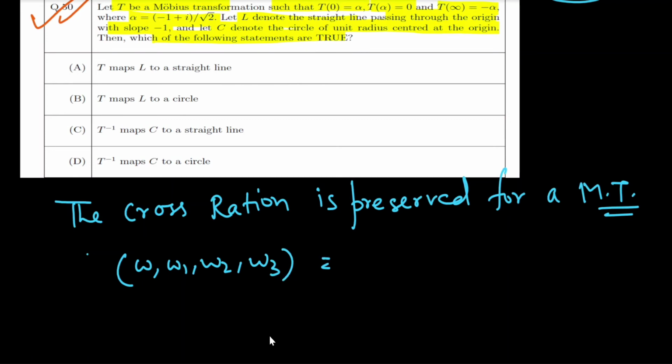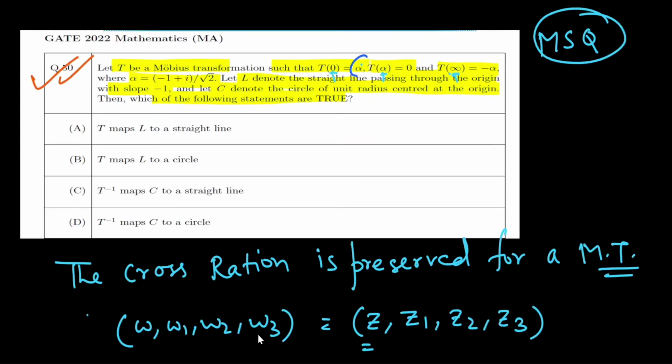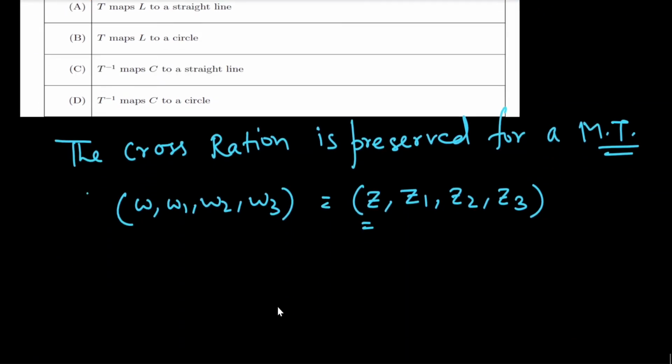The cross ratio of W is equal to the cross ratio of the Z plane, Z1, Z2 and Z3. Now Z1, Z2, Z3 means here it is 0, alpha and infinity, and fourth we take Z, and here W1 means alpha, W2 means 0 and W3 minus alpha.